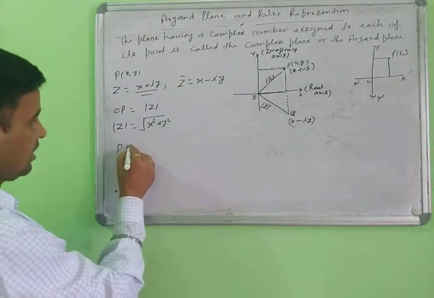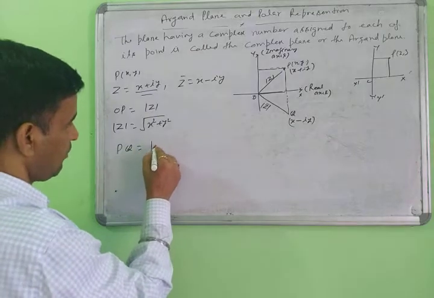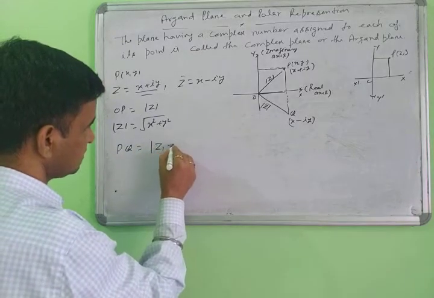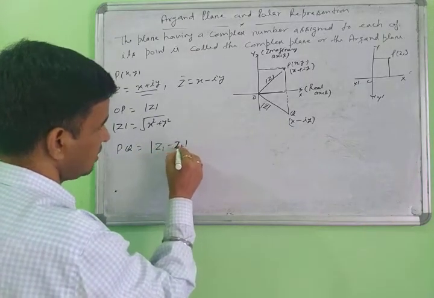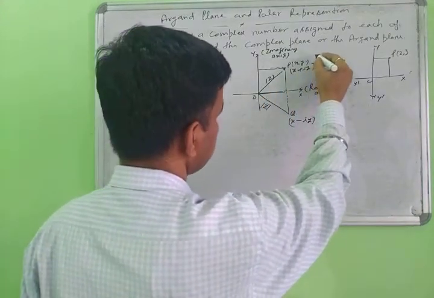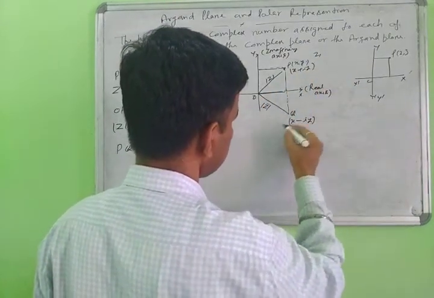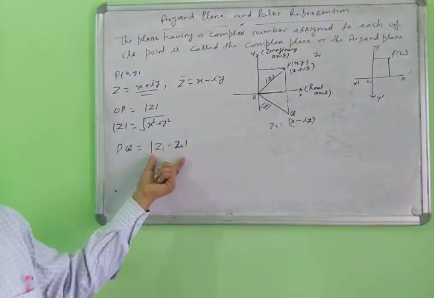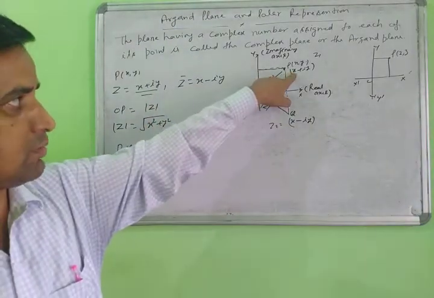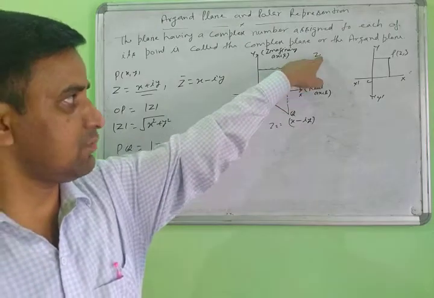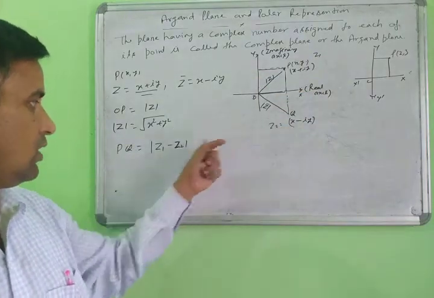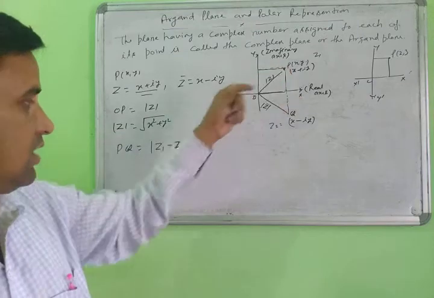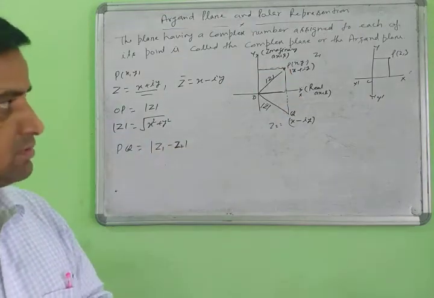Then you can write PQ equals mod of z1 minus z2. Suppose this point is z1 and this point is z2. The coordinate of this point is represented by z1, and this point by z2. So the length of PQ is the difference between them, z1 minus z2.